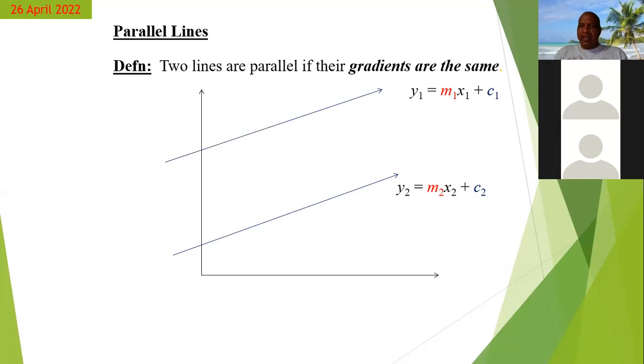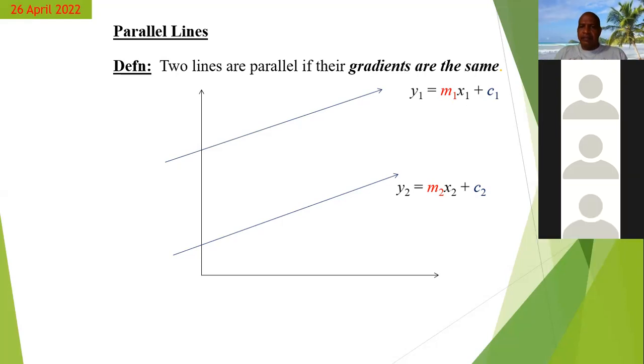All right, Miss Green, these two lines, would they have the same y-intercepts? No, sir. No, because it means that they cut the y-axis at different points. So even though their gradients are the same, their y-intercepts would be different, right?